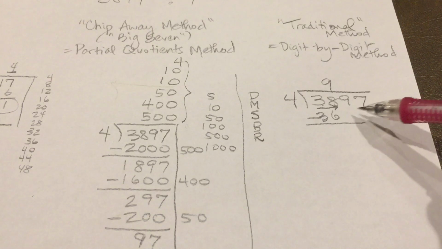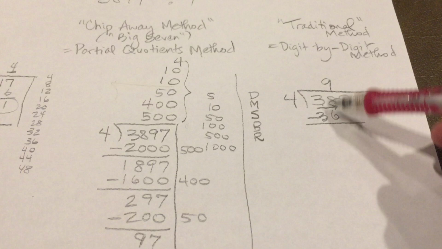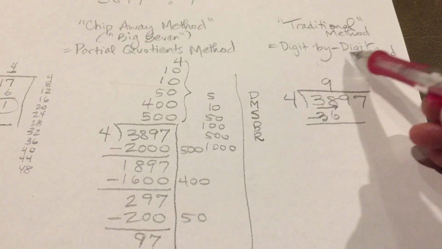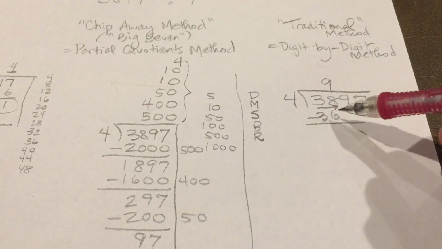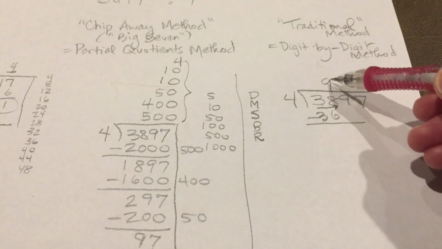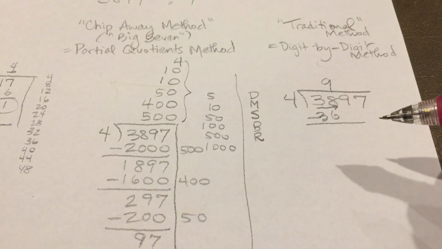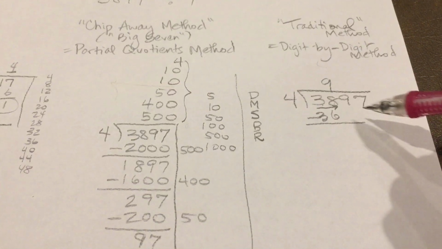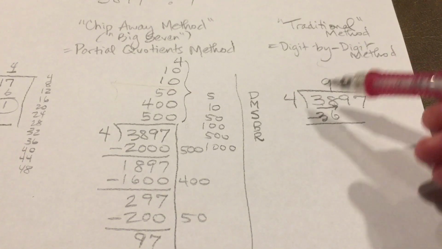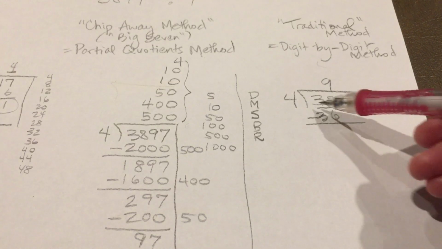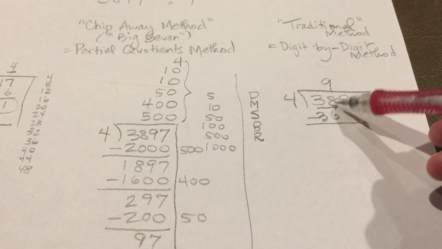I don't have to think of it as 3,600. I don't have to write those zeros. I can just do it digit by digit. So that's why the book calls it that. Digit by digit, because I've got the number going into the proper place value, as long as I'm lining things up properly. And so I don't have to remember that I'm doing the hundreds place or the tens place. I just go digit by digit. So I was in the first 2 digits.